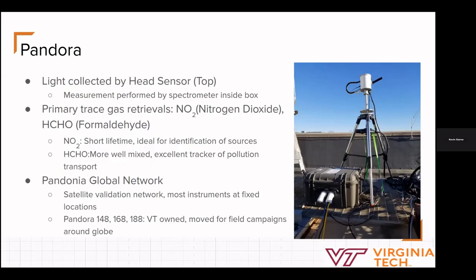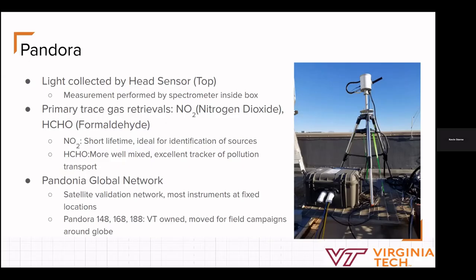For instance, NO2 has a very short lifetime and typically remains distributed in the direct vicinity of its sources, which makes measurements of NO2 ideal for identifying what exactly sources are present in an area. On the other hand, formaldehyde remains more well mixed in the atmosphere and is able to travel over much longer distances than NO2. And so by identifying large amounts of formaldehyde in particularly source-free areas, it becomes an excellent tracker of pollution transport.